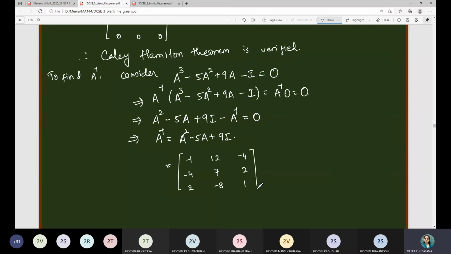That is A square. Minus 5 into A, which is nothing but 1, 2, minus 2, minus 1, 3, 0, 0, minus 2, 1. And plus 9I means it will be 9, 0, 0, 0, 9, 0, 0, 0, 9.